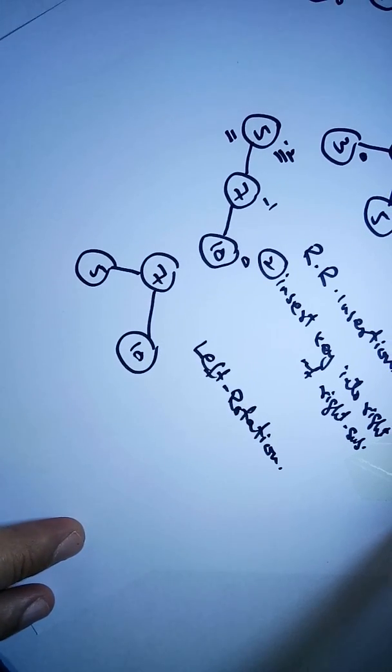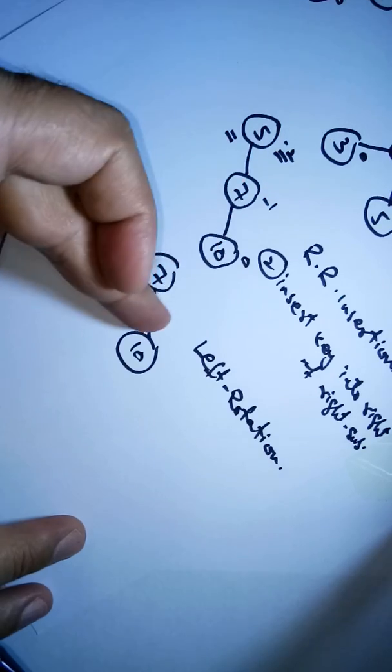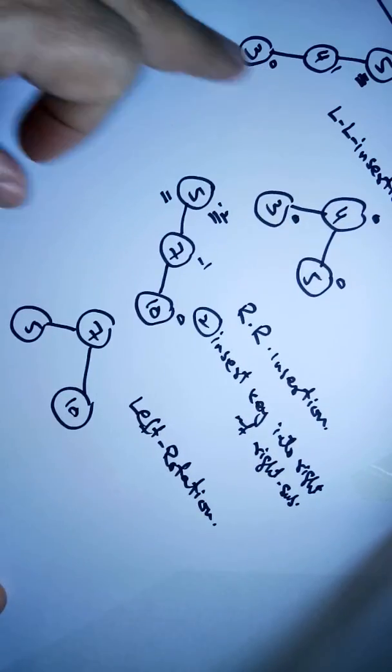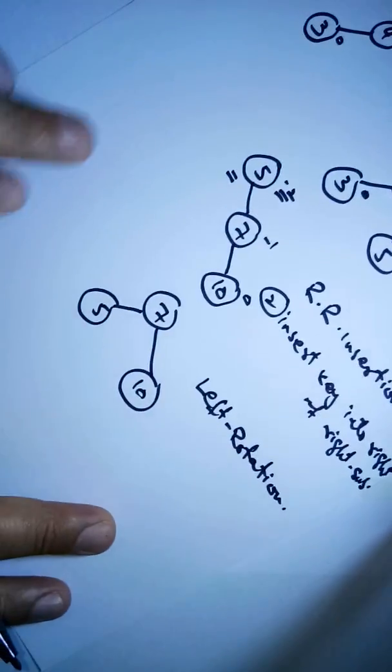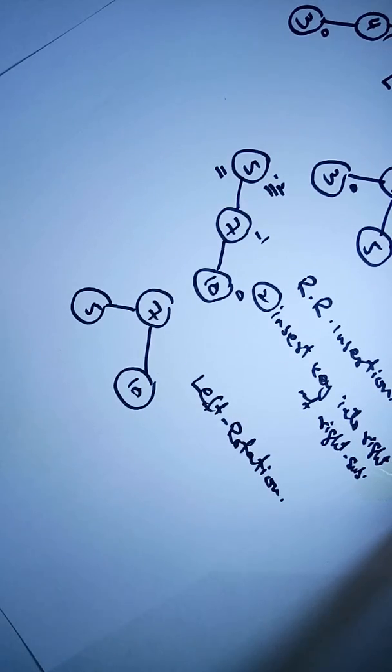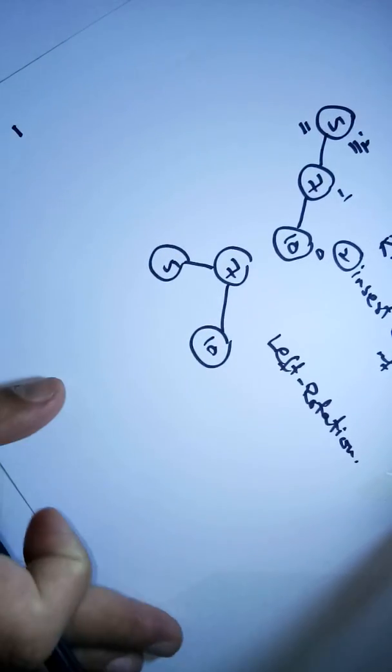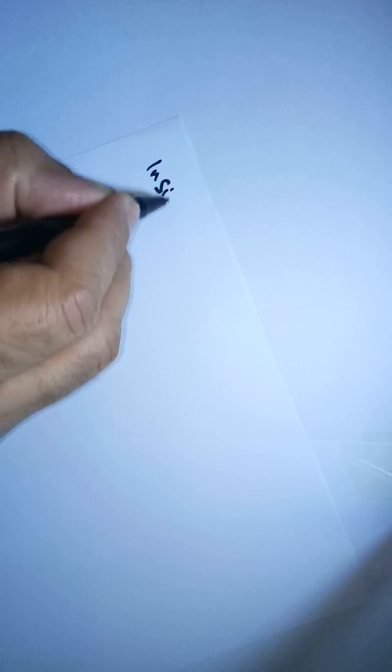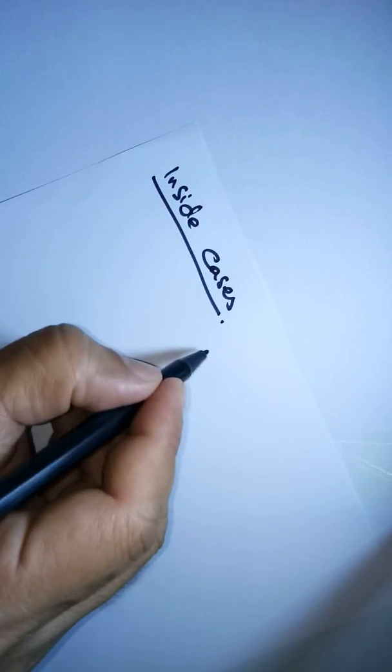This was very simple. We were inserting on the outside. So now let's discuss one more thing, that is called inside cases. So what happens actually? Let me insert 5.